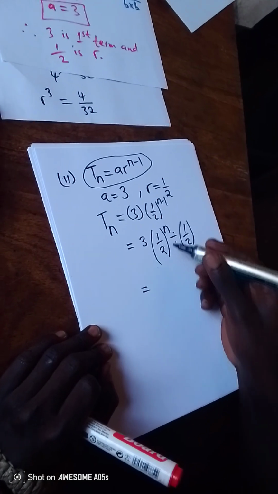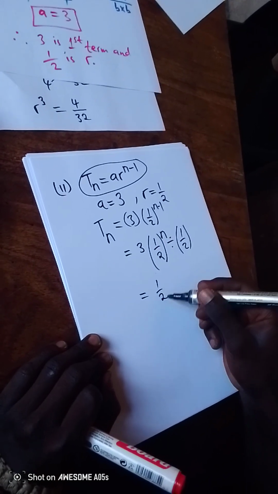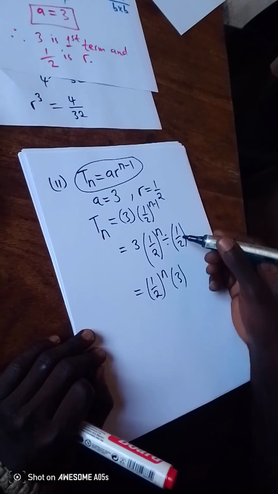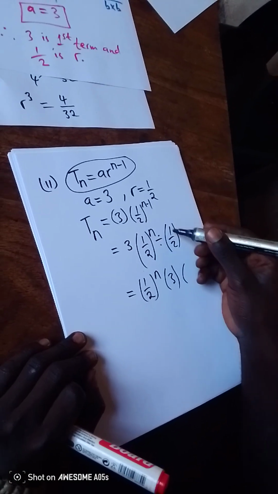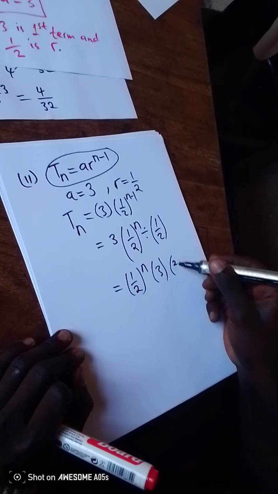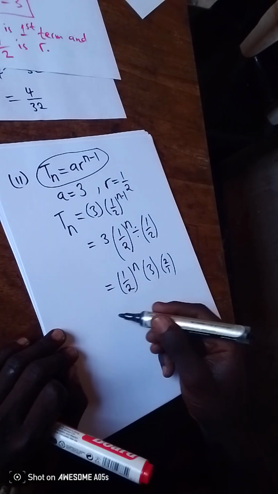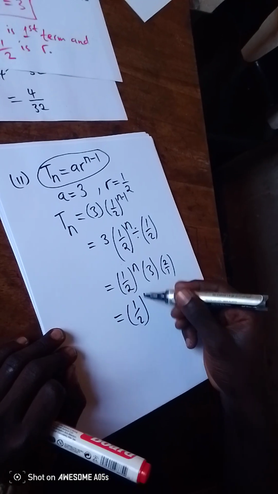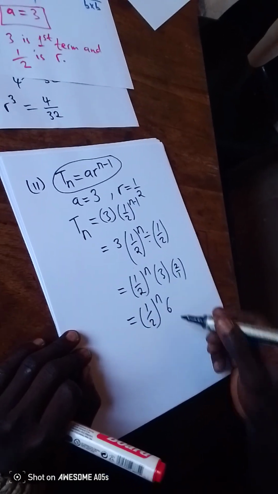So from there, we'll start with this one, which is here. Then the 3 follows. Then this one swaps. It was 1 over 2, it becomes 2 over 1, or just 2. From there, this will remain, and then we multiply to get a 6.